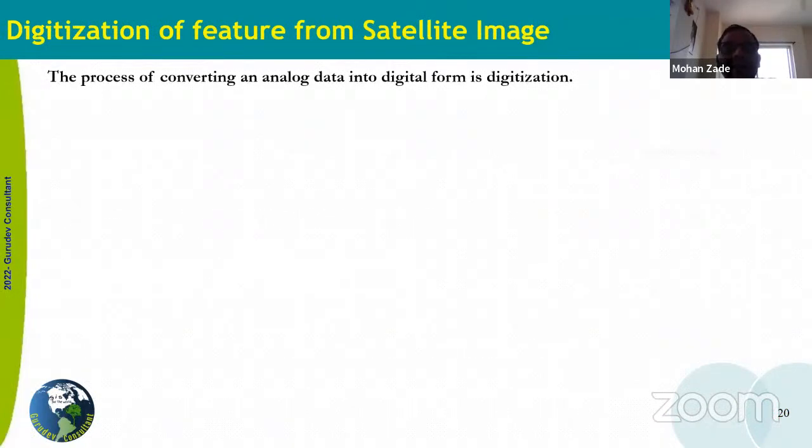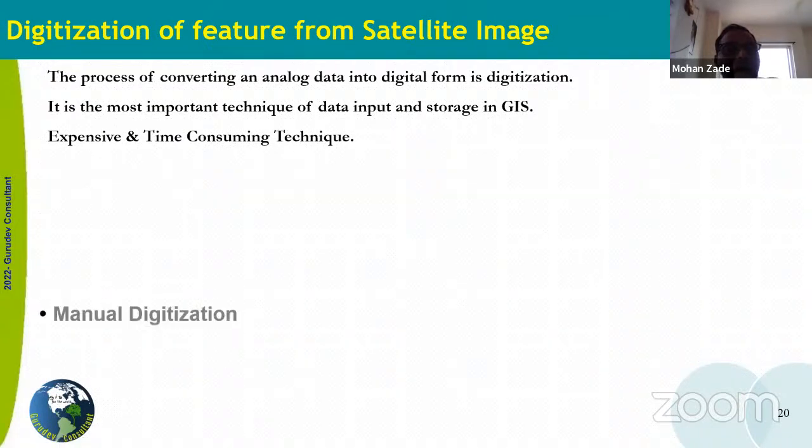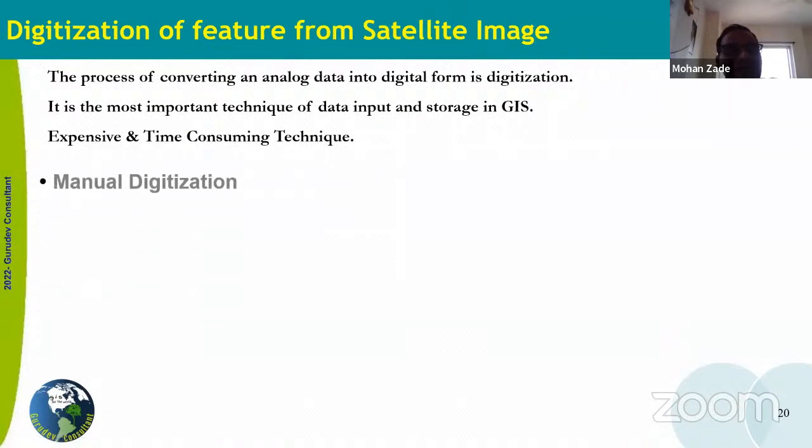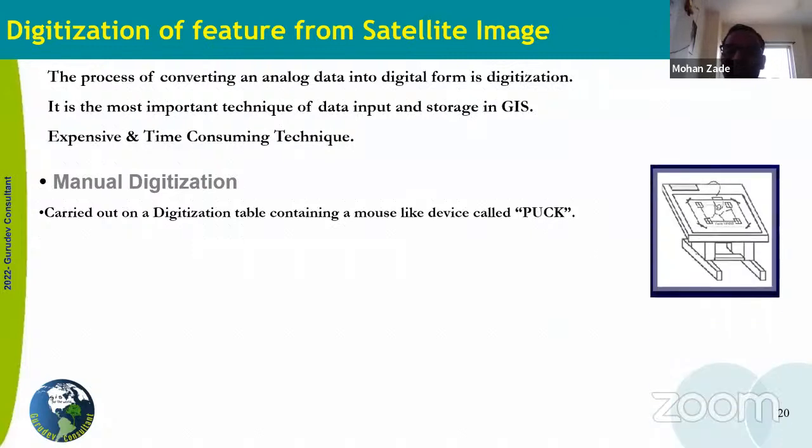Once you have the data and the enhancement is done, sometimes you do the digitization and capture the various features. There are two types of digitization. One is manual digitization, which uses the digitization table, but normally this is now avoided and nobody is using it.